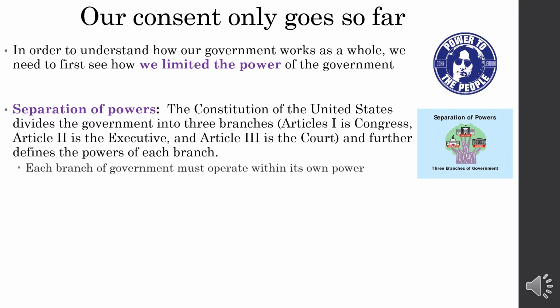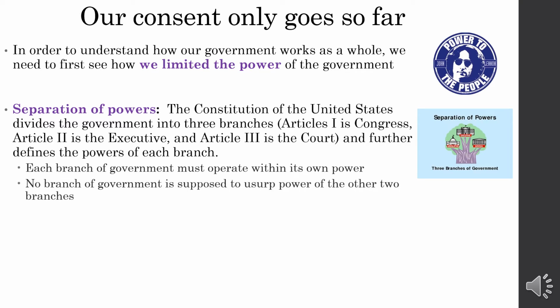Each branch of government must operate within its own power, and no branch of government is supposed to usurp or take the power of the other 2 branches. In other words, there's no jumping from branch to branch. Your branch of government needs to stay on your side of the tree, and the other 2 branches of government will stay on theirs.